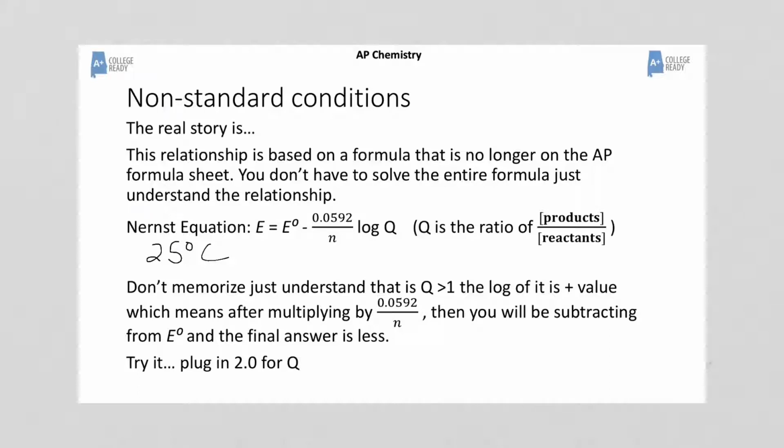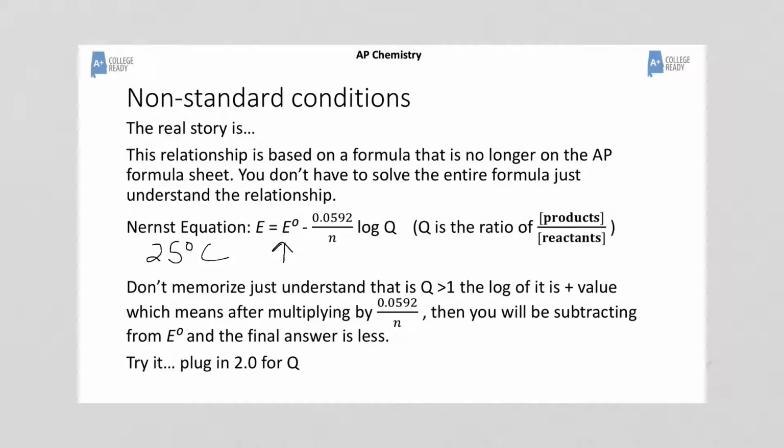Notice here's our standard cell potential that we've been solving for. We'll get to n in a minute. In PV equals nRT, n is moles. For electrochemistry, it's still moles, just moles of electrons. This is that balanced number of electrons. This 0.0592 came from the temperature and some other constants, so it's just a derived value.